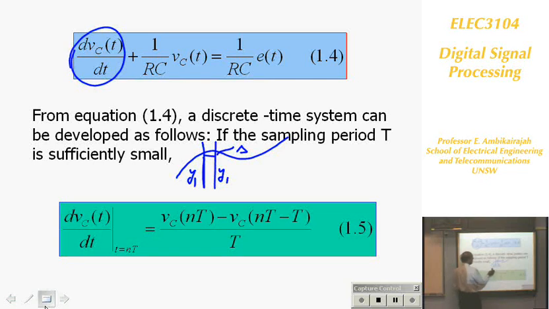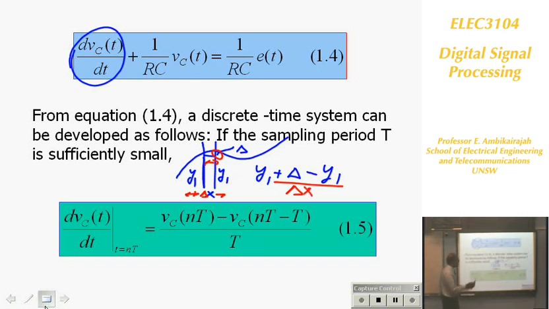The gradient or slope is (y1 plus delta minus y1), that height, divided by this length, delta x. It's on the next slide, okay? So all you do is take two values next to each other and divide by the distance.